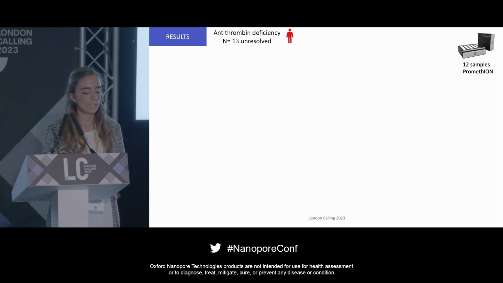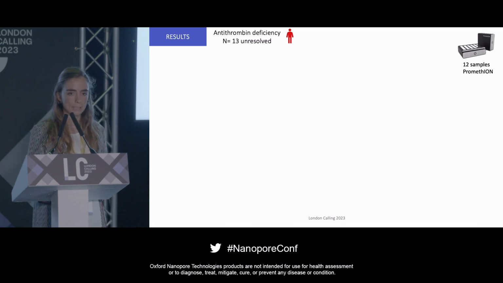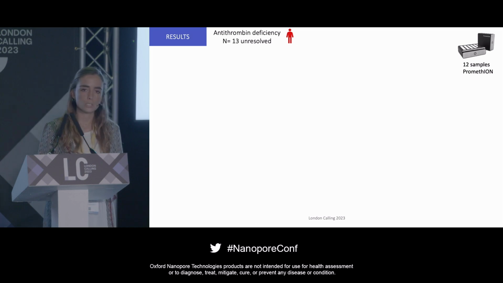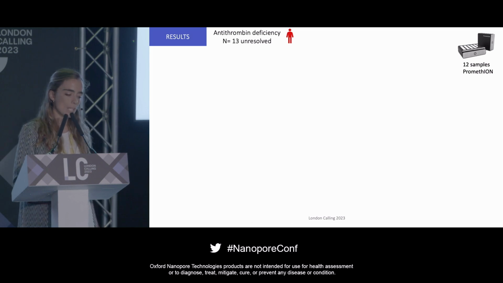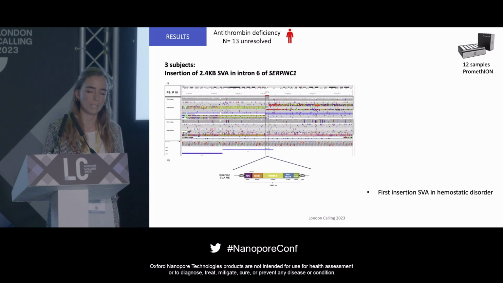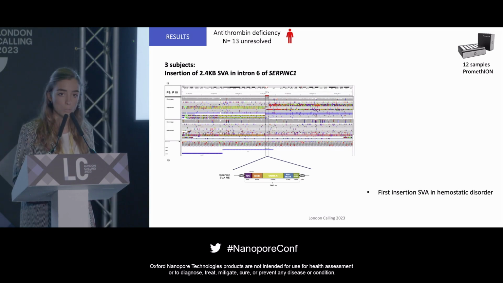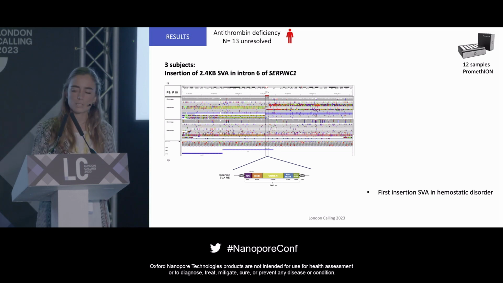Going through the results, from the group of 13 samples with antithrombin deficiency without any candidate variant, we studied 12 samples in the PromethION device. By this approach, we were very surprised that 3 samples were resolved. We found an insertion of a retrotransposon, SVA, of 2.4 kilobases, inserted in intron 6 of SERPINC1.